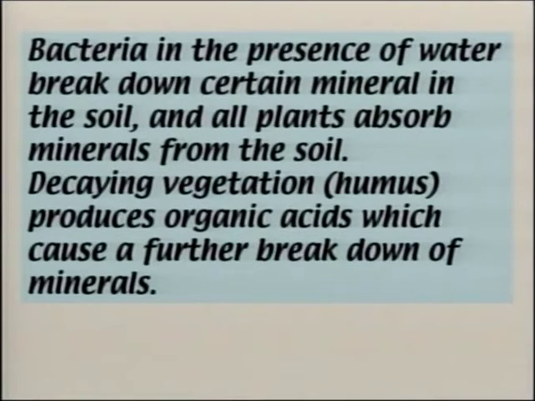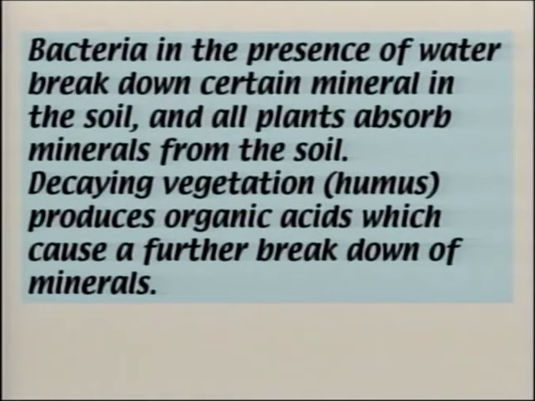And those decaying vegetation can come in the form of humus. We collect leaves, and instead of burning those leaves, we are told to make a pile, a compost heap, and then from that pile we can use it later on for fertilizer. Similarly, decaying vegetation can produce organic acids, and those acids can be used to further break down minerals in rocks.